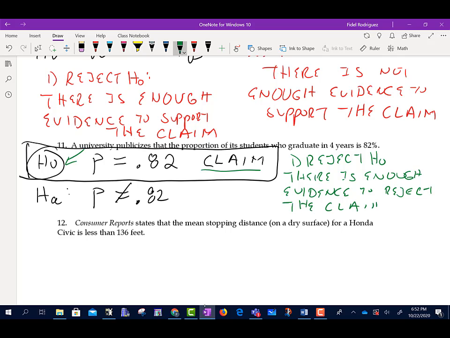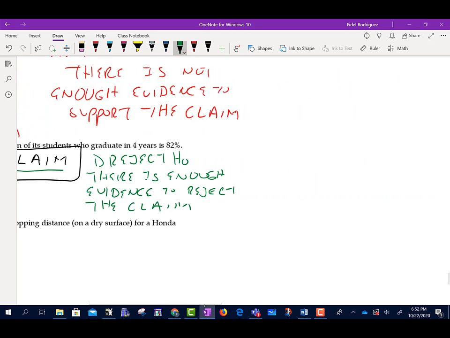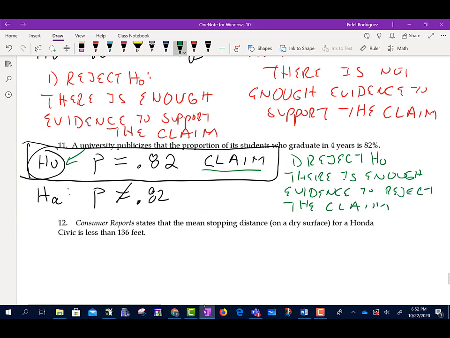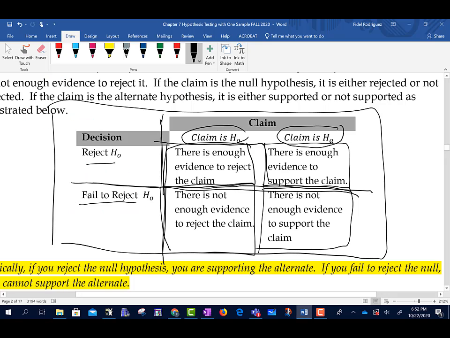Okay? Now there's the second part, right? Second part is what happens if we fail to reject. Okay? So again, I want to remind ourselves that my claim is my null. My claim is my null, and we're going to fail to reject it.